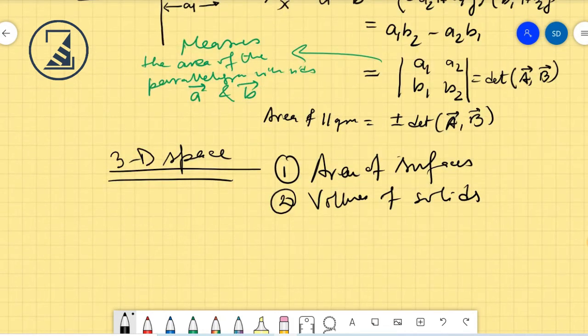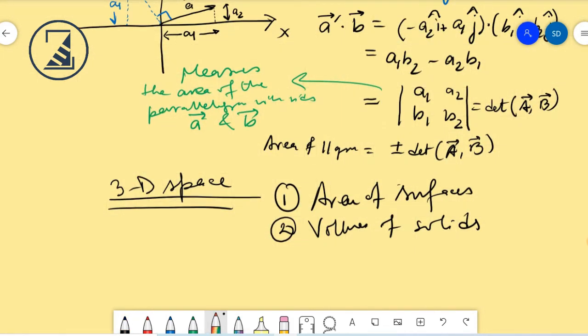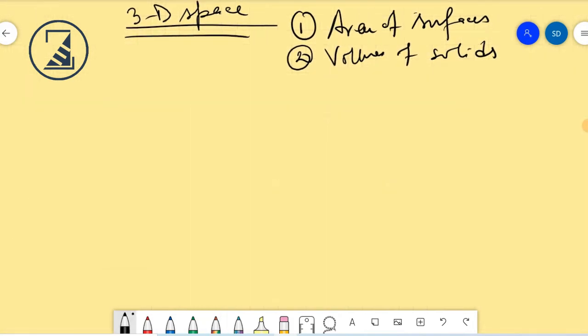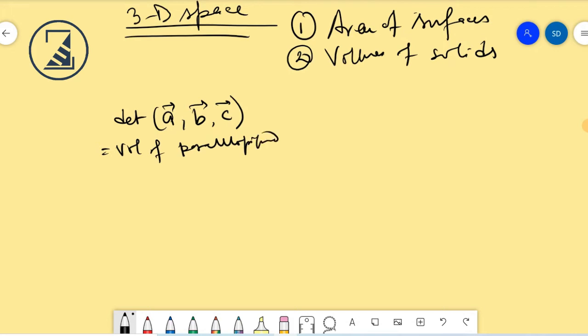Just like the determinant in 2 dimensions measures the area of the parallelogram, the determinant of A vector, B vector and C vector defines the volume of the parallelepiped with sides A vector, B vector and C vector.